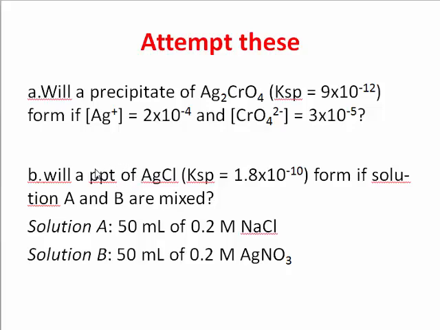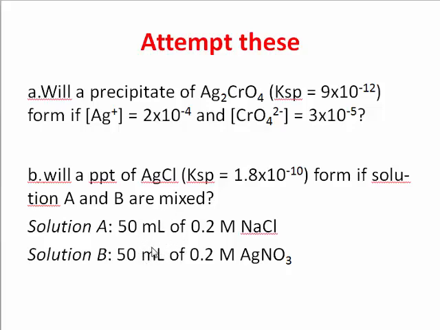Will a precipitate of silver chloride form if solutions A and B are mixed? A is 50 milliliters of 0.2 molar sodium chloride, and B is 50 milliliters of 0.2 molar silver nitrate. It may seem obvious, but we are going to assume that the volume of the two solutions mixed is going to be the sum of the 50 plus 50, or 100 milliliters in this case.